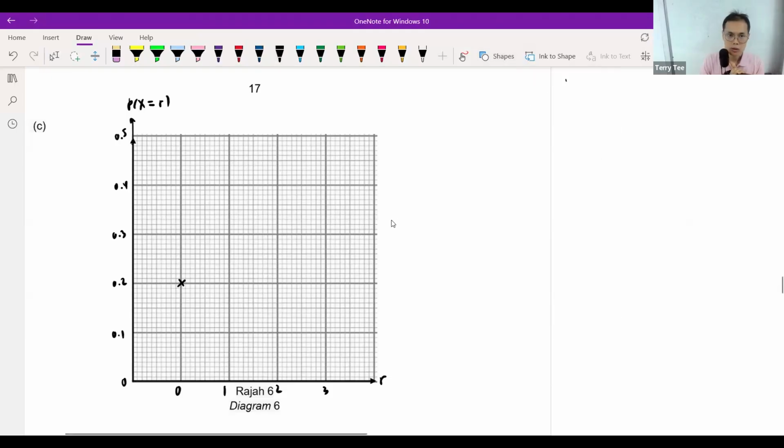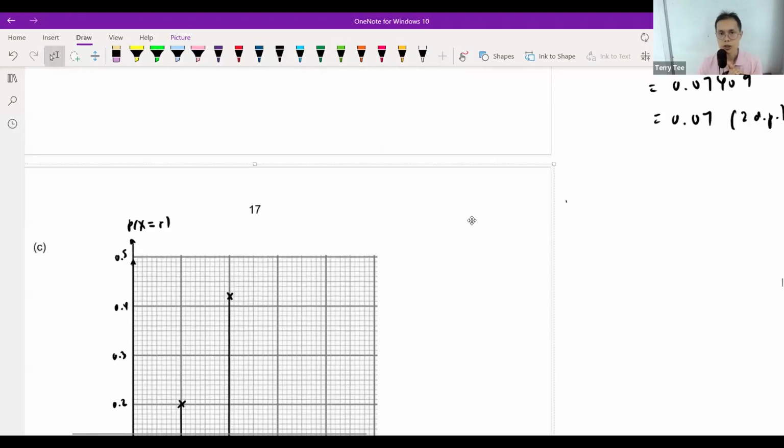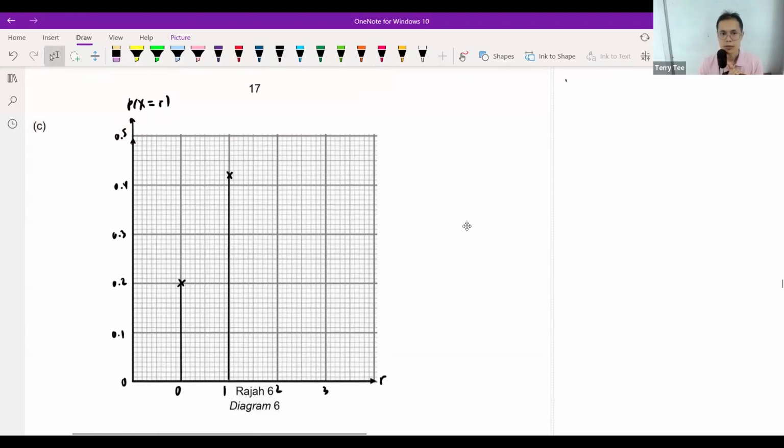Okay, so let's draw a line up here. Adjust it. Okay. Second one, 0.42 is over here. Draw another line going downwards. Okay. Then for x equals to 2, we are drawing 0.31 over here.